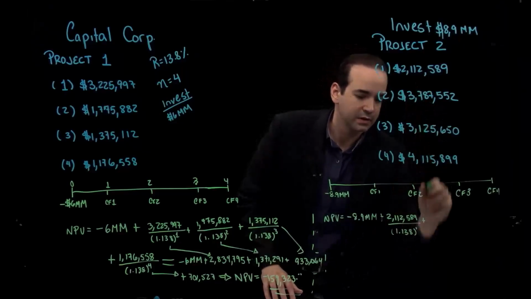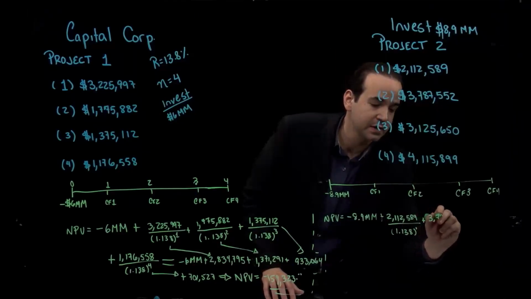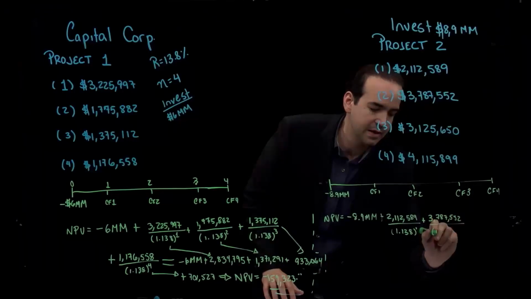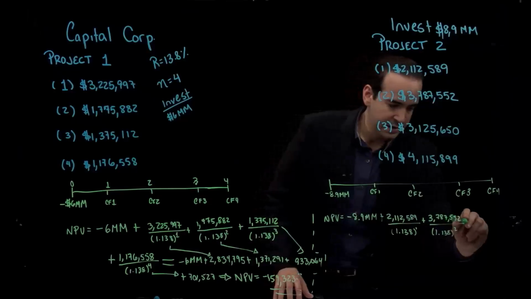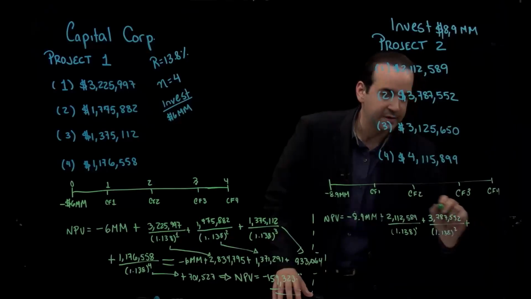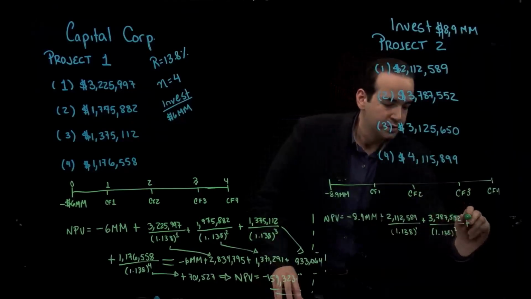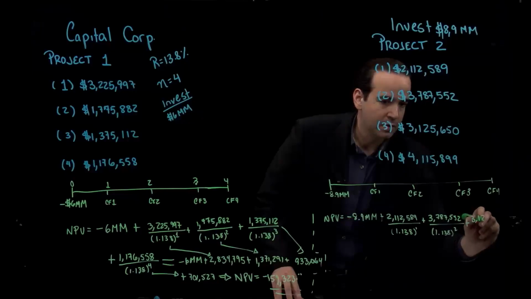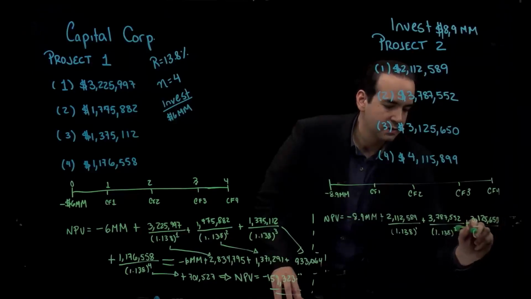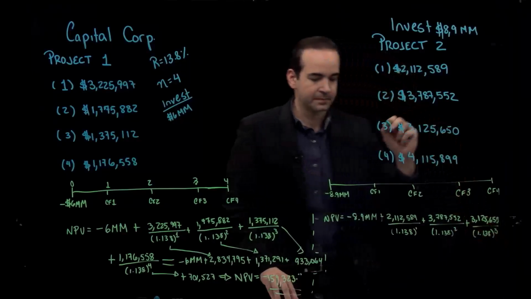And then we have the second cash flow, which is 3,787,552 divided by 1.138 to the power of 2. And then I think I have enough space here to write the third cash flow, 3,125,650, and we divide this by 1.138 to the power of 3.